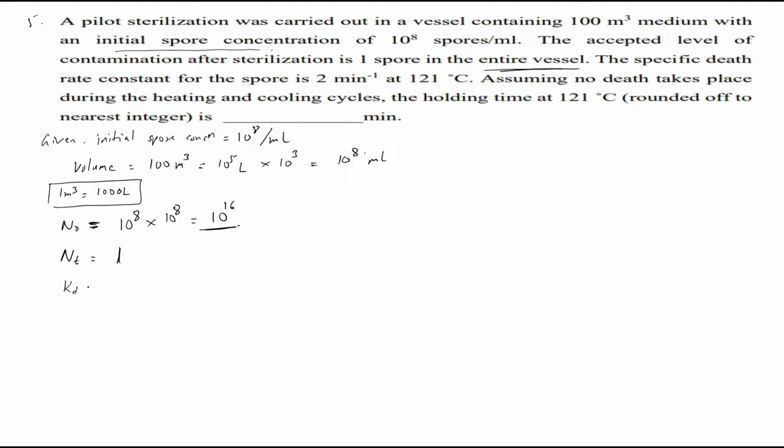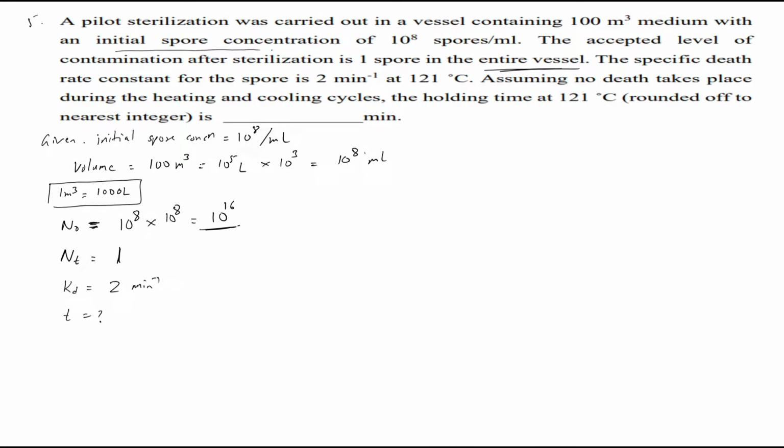Death rate constant is Kd, right? It is given as 2 per minute at 121 degrees Celsius. Assuming no death takes place during the heating and cooling cycles, the holding time at 121 degrees Celsius is asked.